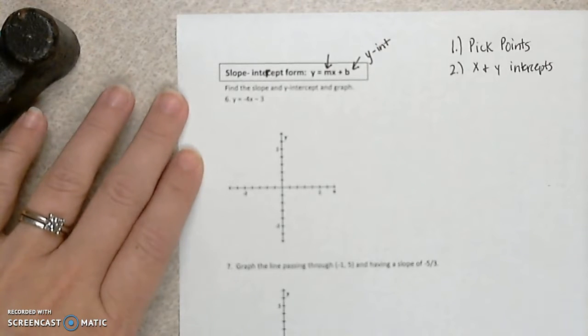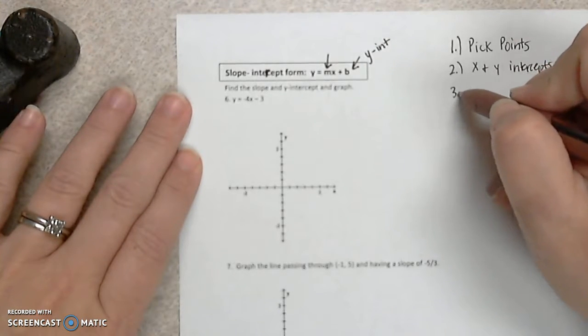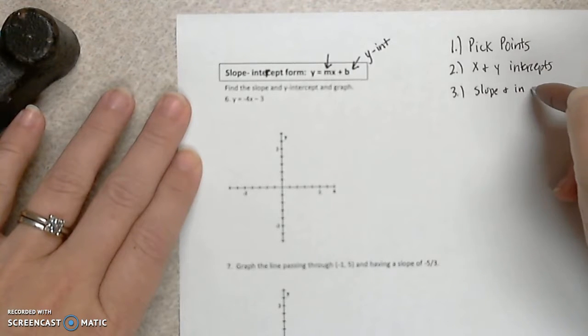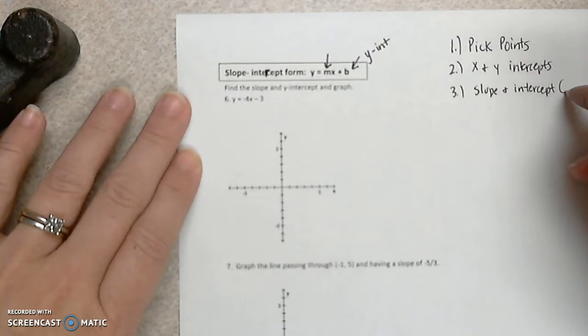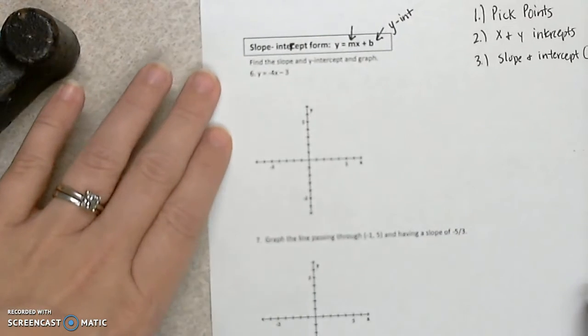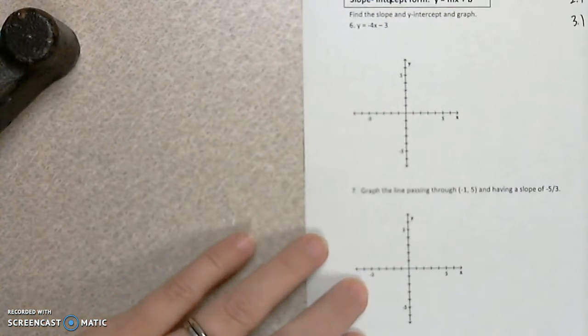Alright, and so for this video, if we have the slope and the intercept, we can graph using those 2 pieces of information. And the intercept is going to be the y-intercept that we have.